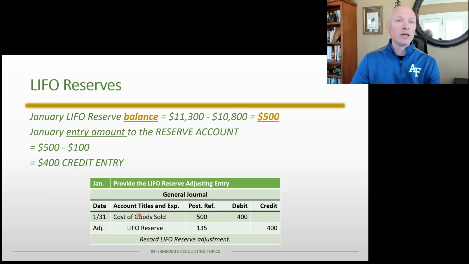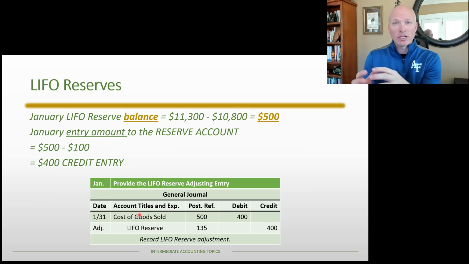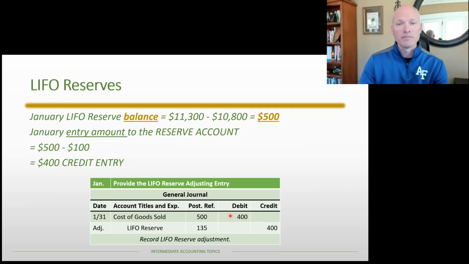So what we've now done is our inventory account is still FIFO. But when we net it with the contra inventory account, that LIFO reserve account, externally, the net inventory is going to be LIFO. And then with this adjustment to cost of goods sold, our final cost of goods sold is also going to be LIFO. Does everyone kind of follow that?